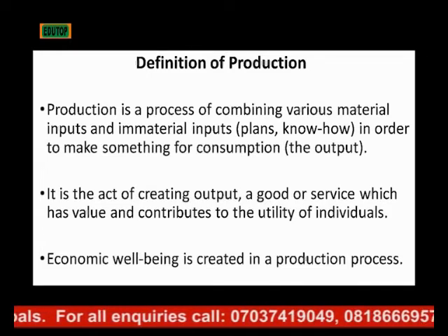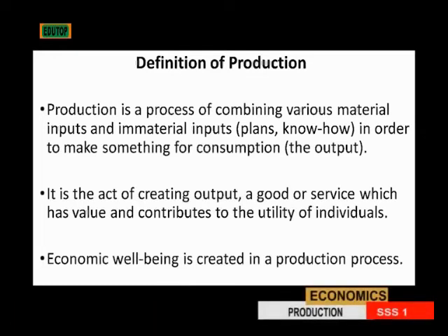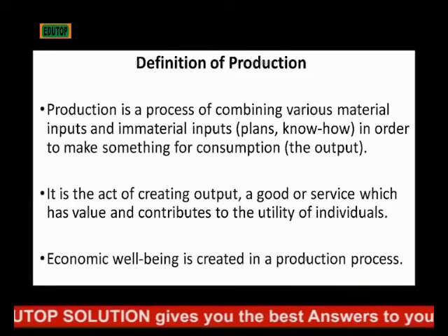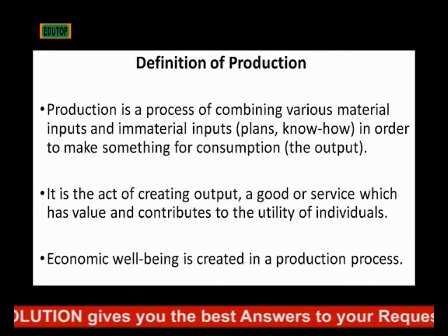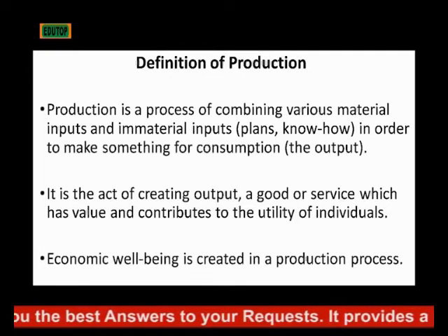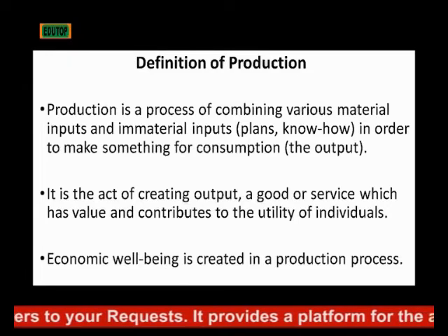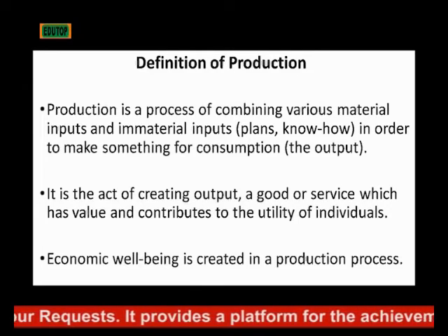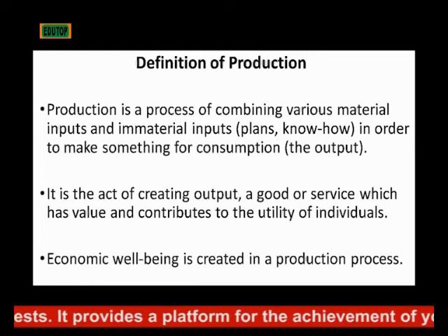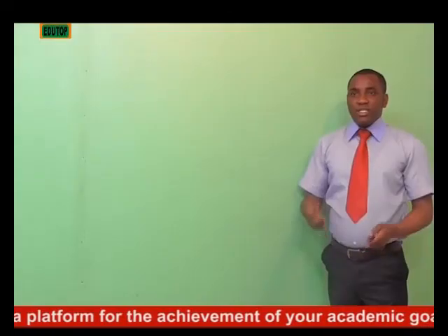It is the act of creating outputs, goods or services, which have value and contribute to the utility of an individual. Utility means satisfaction. Therefore, we want to create something that will contribute to the satisfaction of an individual. Economic well-being is created in a production process.